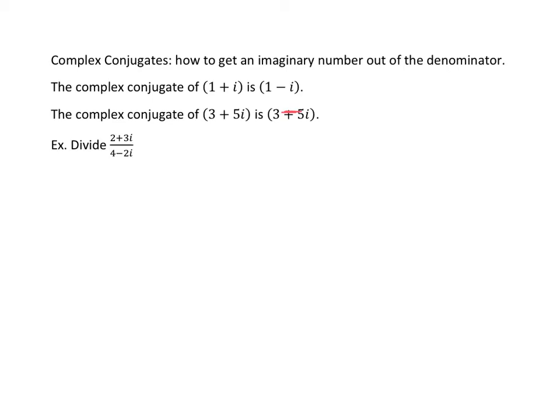Alright, so when I'm dividing, the only thing to simplify here is to multiply by your complex conjugate. So I'm going to rewrite the problem so everything lines up. Complex conjugate of my denominator, 4 plus 2i, top and bottom. And I'm going to multiply across.